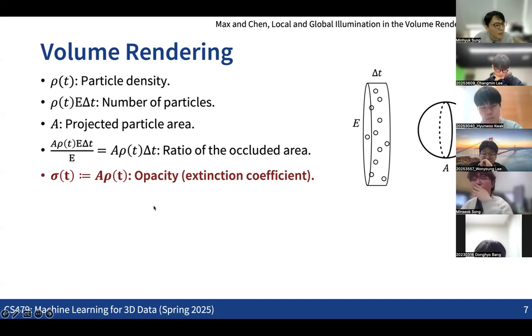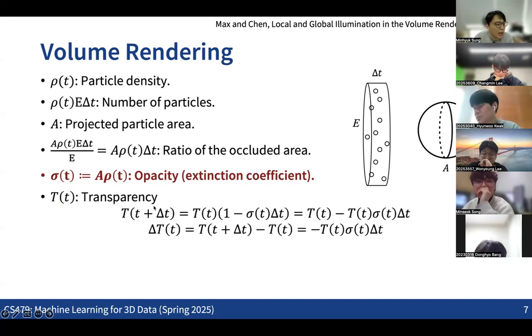Make sense? So based on that, we can define the transparency as the probability of how likely the ray will not stop until that point, right? What this means is that the probability that the ray will not be terminated until the time t plus delta t is the same as the probability that the ray does not stop until the time t, and also does not stop during this period in this section, in this slice.